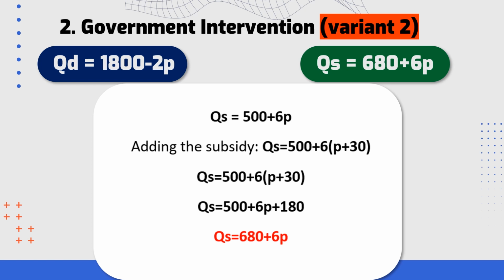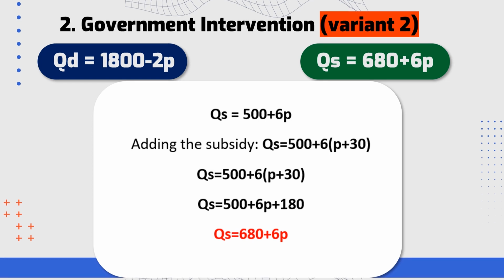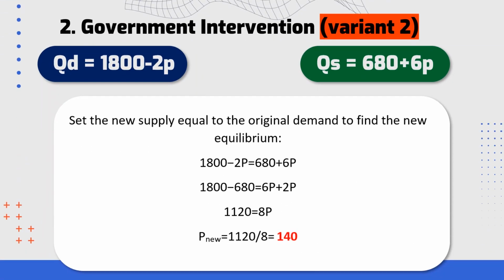So first of all, since it's a subsidy on the producer, we again have to modify the supply equation by adding $30 in the form of the subsidy to every unit sold by the producer. So please use the brackets. The modified subsidy equation would be 680 plus 6. Again, find the new equilibrium price and quantity, with absolutely the same logic.